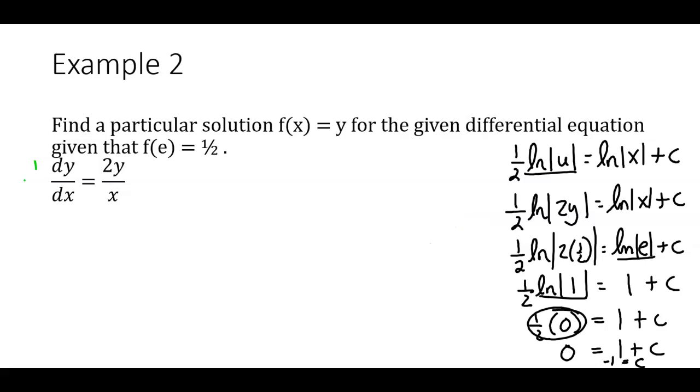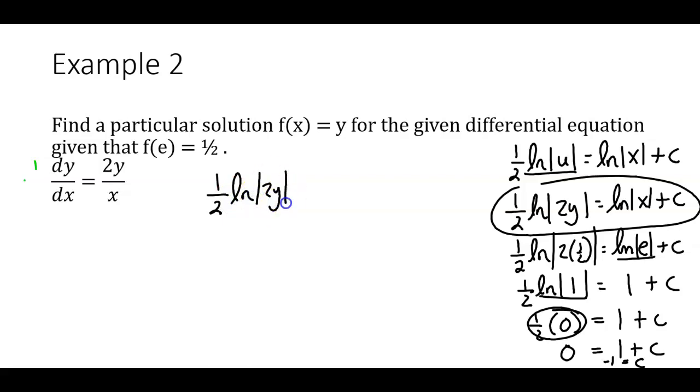So here's where I left off, before I found my c. So now we have 1/2 ln of the absolute value of 2y is equal to ln of x. And now my c we decided is -1.